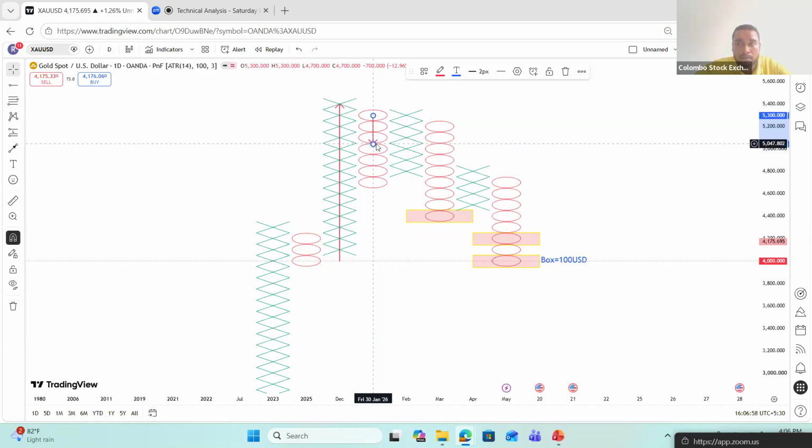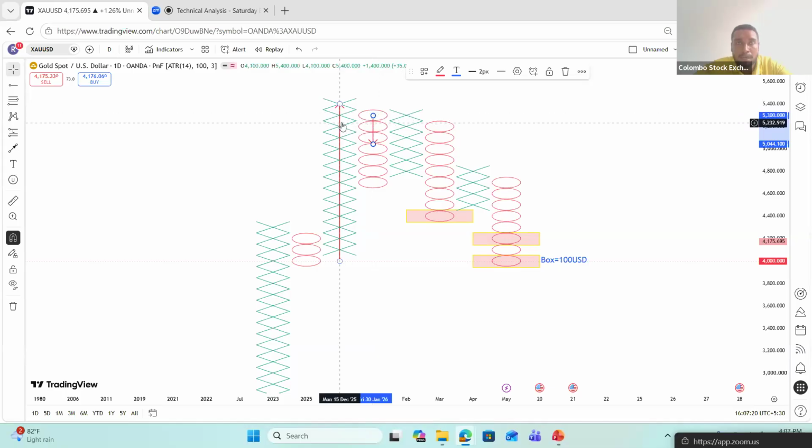So let's say the price is at 4,500. When the price goes down to 4,400, the O is not there.